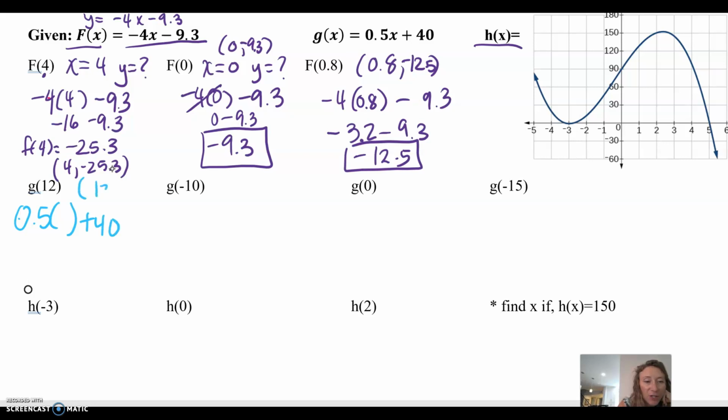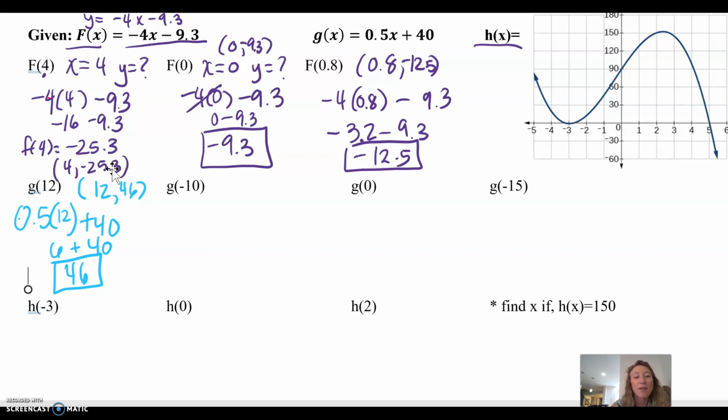And I have the information 12 comma something. So I'm plugging in the 12 for x, and then I do 0.5 times 12, or half of 12. Half of 12 is 6. 6 plus 40, I get 46. So the answer for g of 12 is 46, and it represents the ordered pair 12 comma 46.